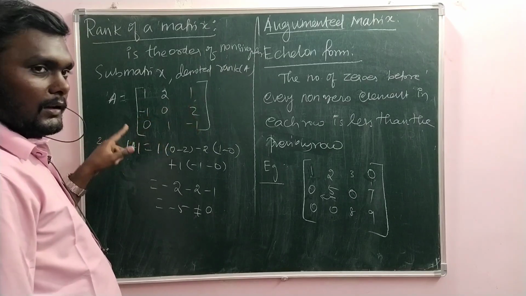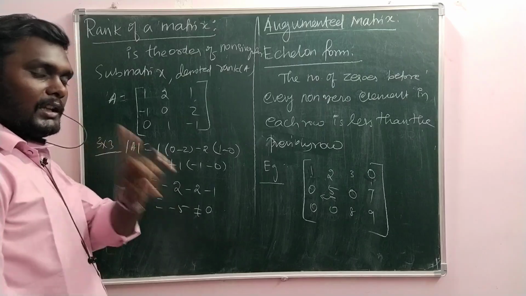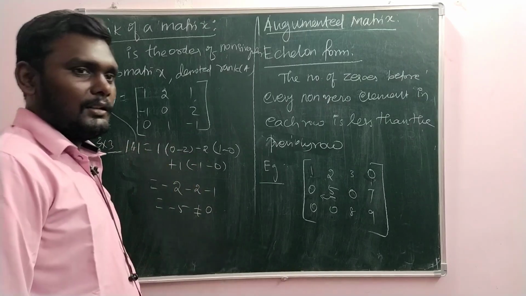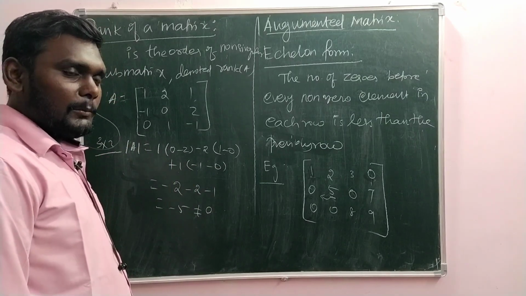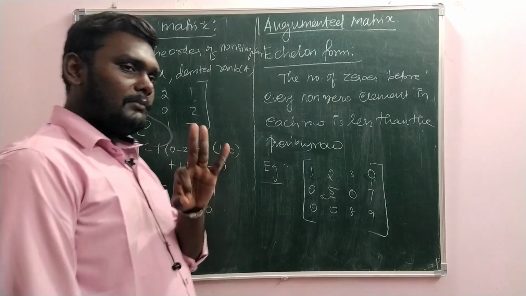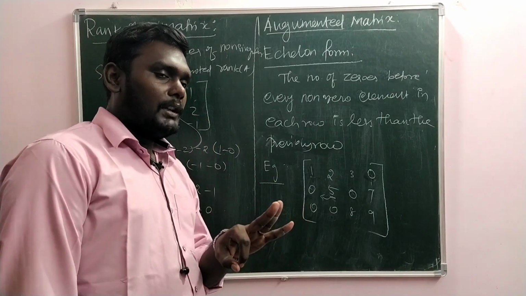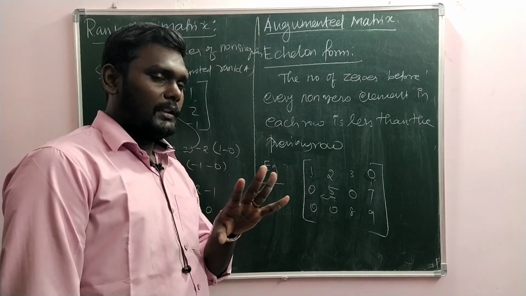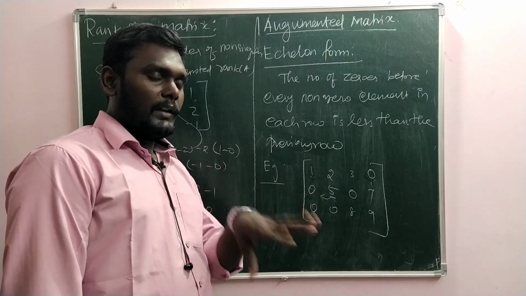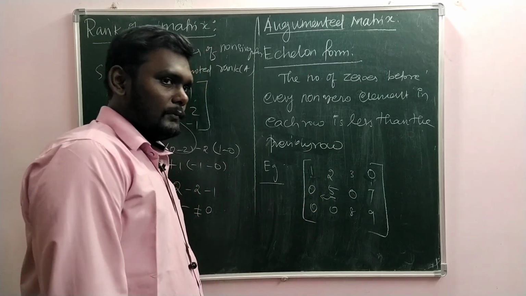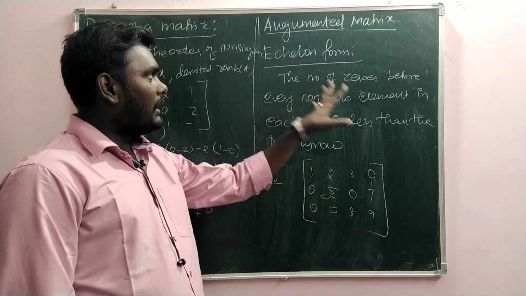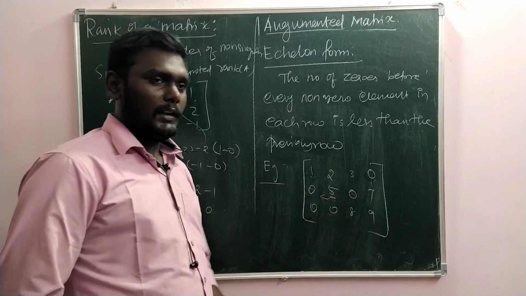So there are many possibilities, and we should check all of them. If at least one is not equal to 0, if one is non-singular, we define it. Suppose we checked only for 3 and it becomes 0, we should not define without checking everything; we should not finalize that the rank is 2. So we should obtain only the row echelon form, and after that we decide the rank. Okay.